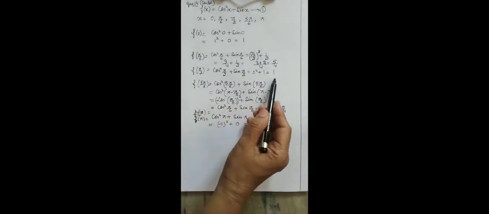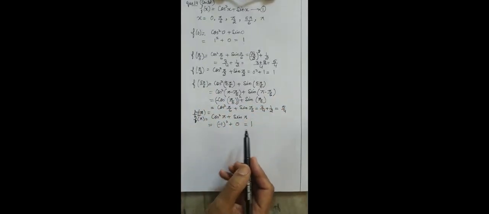So you can see, children, that in this question we have obtained only two values. At 0, value of function is 1. Again at pi by 2, value of function is 1. And at pi again, value of function is 1. And second value is 5 by 4. So it is very much obvious that 1 will be the absolute minima and 5 upon 4 will be the absolute maximum value.